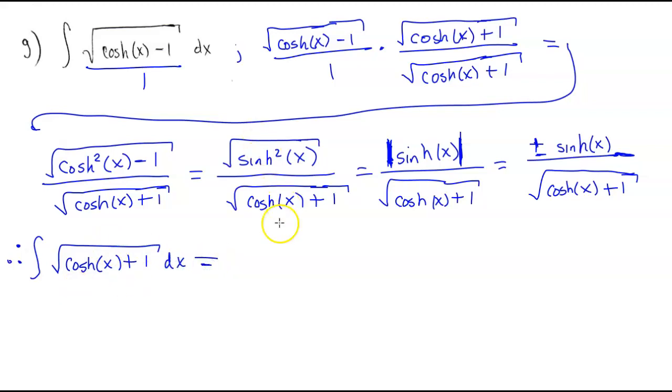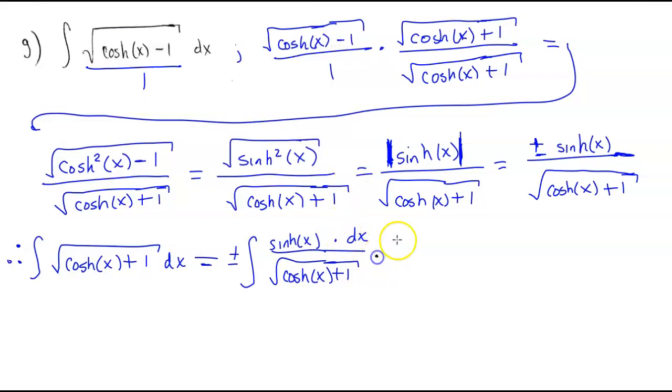Okay. We're going to rewrite this as plus or minus the integral of sinh of x over square root of cosh of x plus 1, and all this times dx. So now at this point, we can go ahead and use substitution.